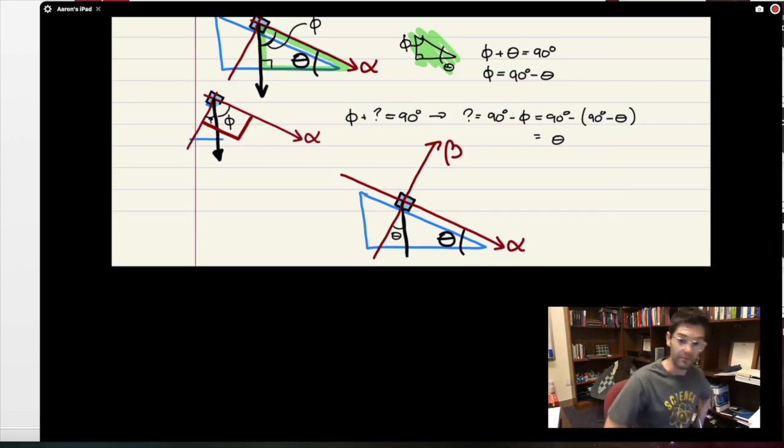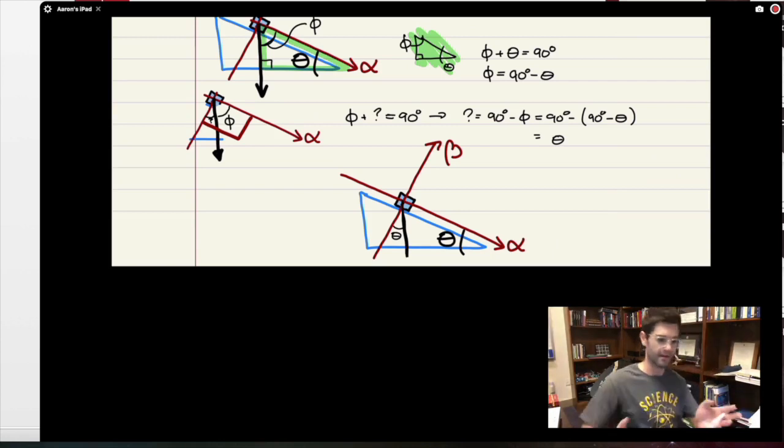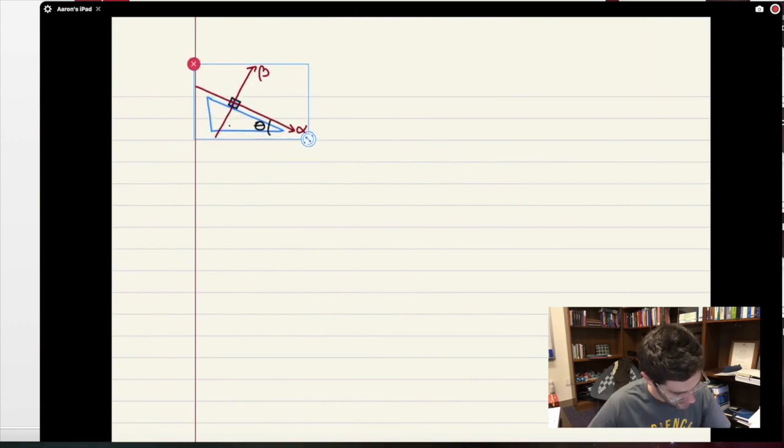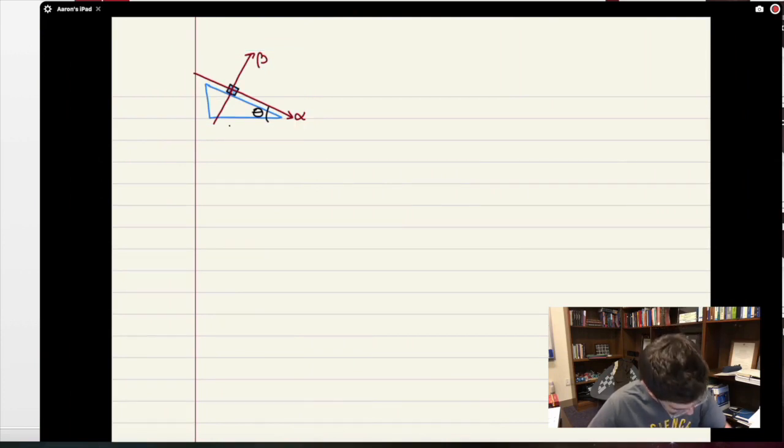Now that is useful because just like when we had sine and cosine to break something into the horizontal component and the vertical component, we can use this theta to break the gravity vector into the part that is along alpha and the part that is along beta. How much is gravity pulling the box into the ramp versus how much is it pulling it down the ramp?